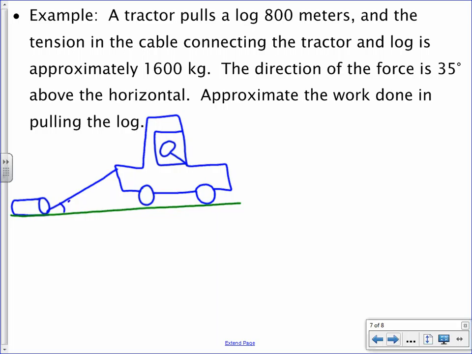This is making a 35-degree angle, and the tension is 1,600 kilograms. Okay, 1,600 kilograms, that is the force.